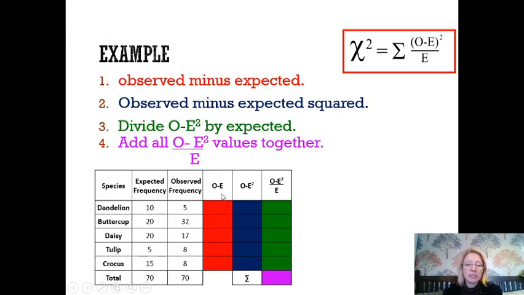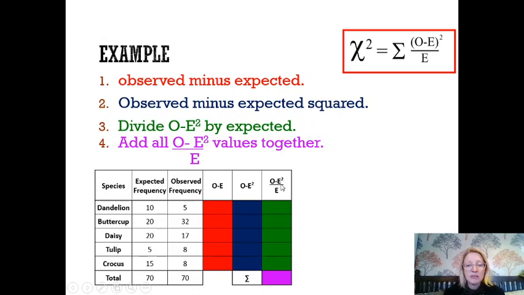So on the bottom here, you can see I've put a table in and I've got some columns here that I've added on. Now, often in an exam, they won't give you those columns. So it's really useful to remember what I've got in each of these columns. So the first column then is for step one, the observed minus expected. You can see I've colour-coded that in red. The second column then is for the observed minus expected squared, so step two, and I've colour-coded that blue.